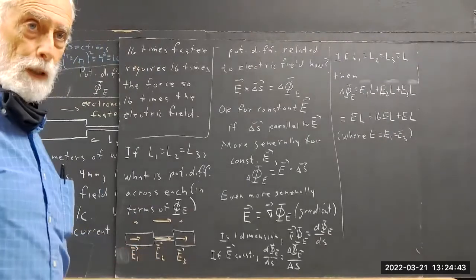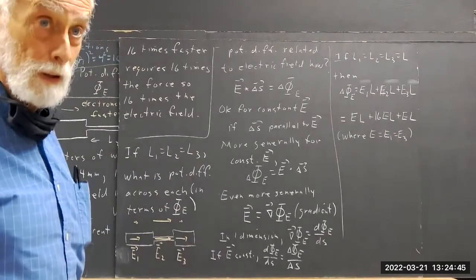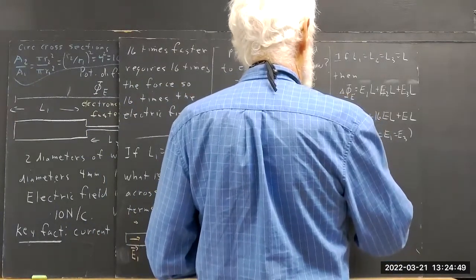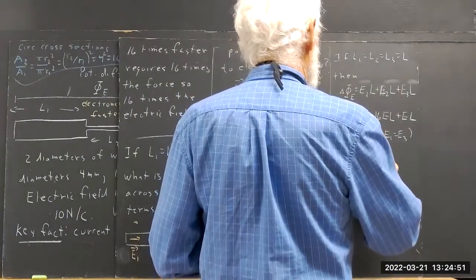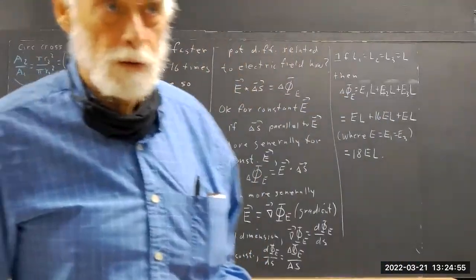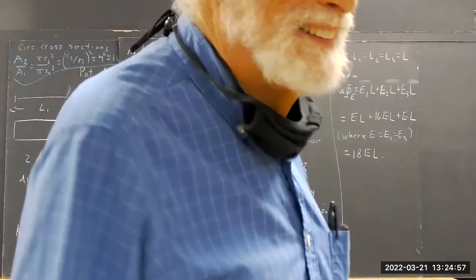And of course, we've already established E2 is 16 times that. 18 EL. Okay.